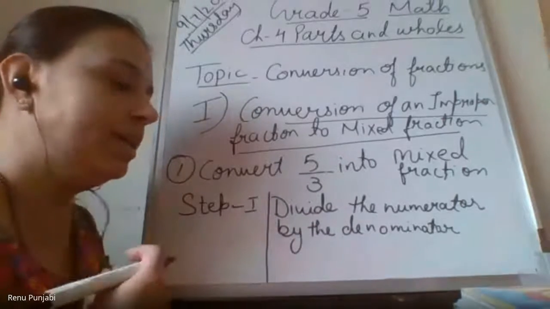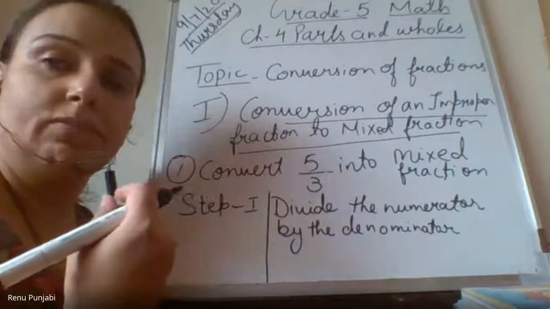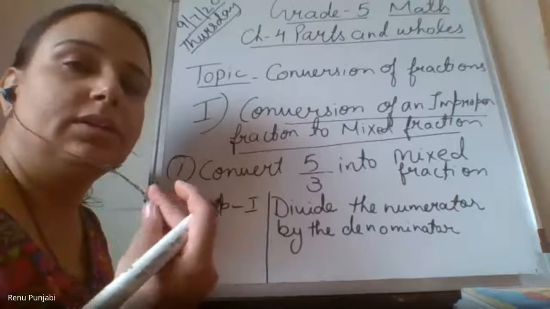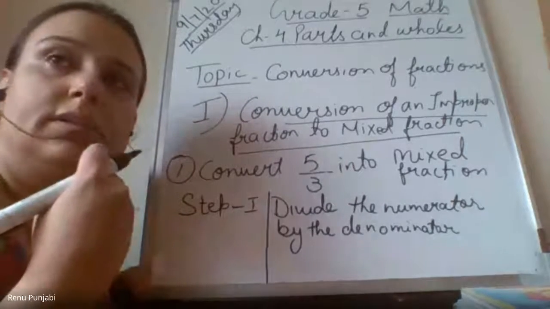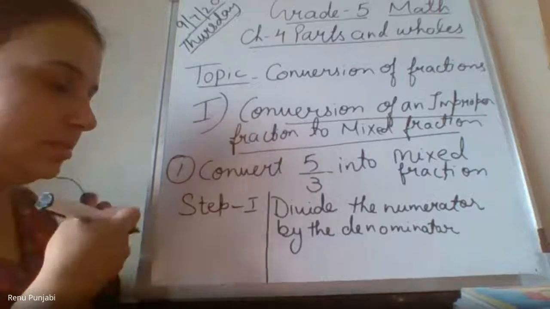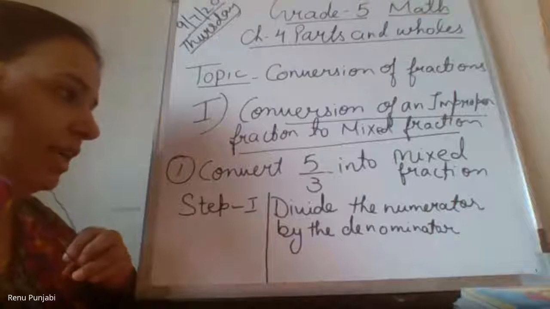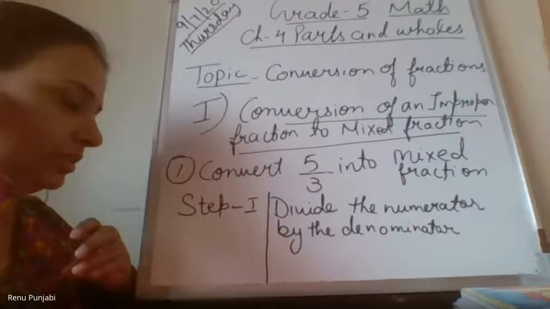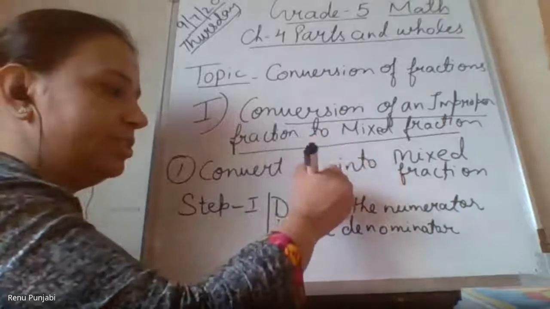Now here, Maisha will tell me what is the numerator. Maisha, switch on your microphone and tell me what is the numerator here. Which number in this fraction is the numerator? 5.